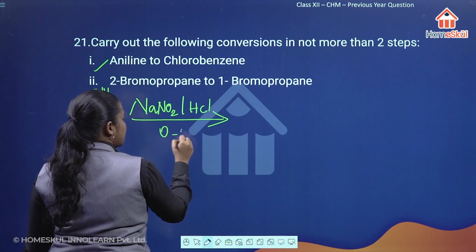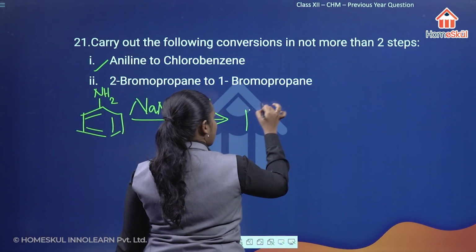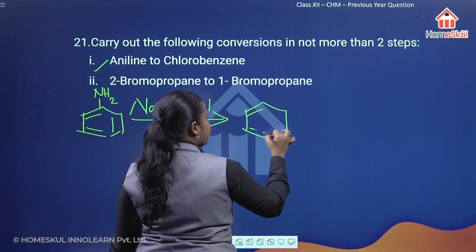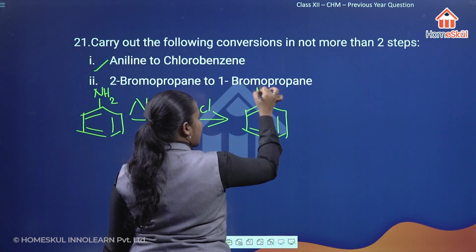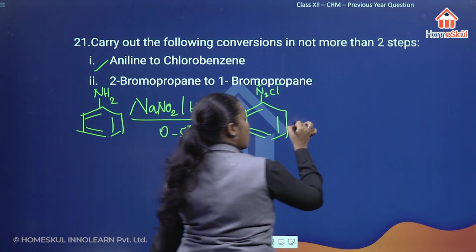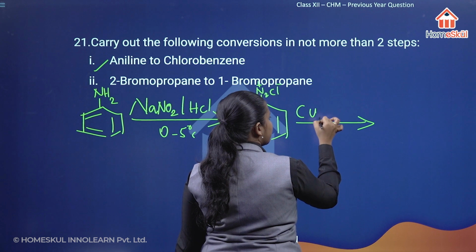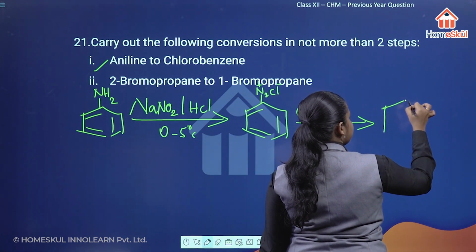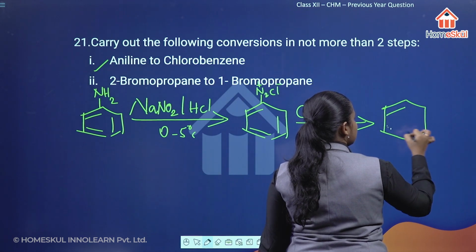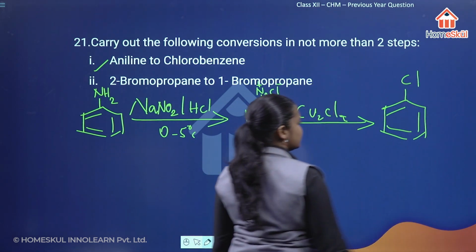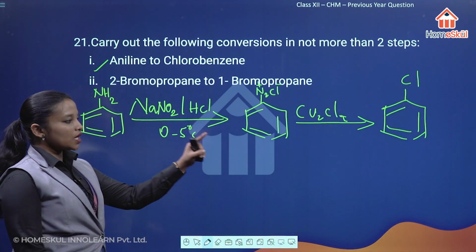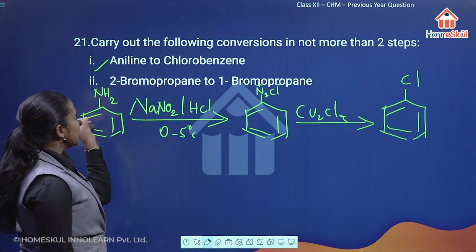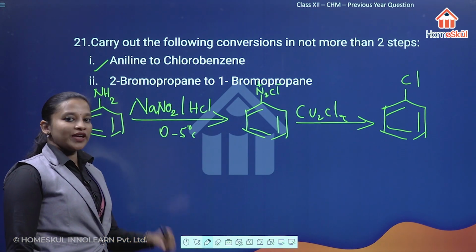We are going to convert it into a diazonium salt, N2 plus Cl minus. When it is treated with Cu2Cl2, we get chlorobenzene. This is the path for conversion of aniline to chlorobenzene.